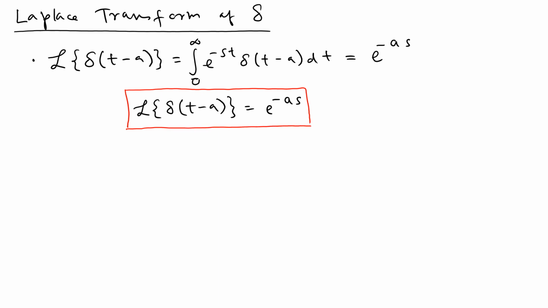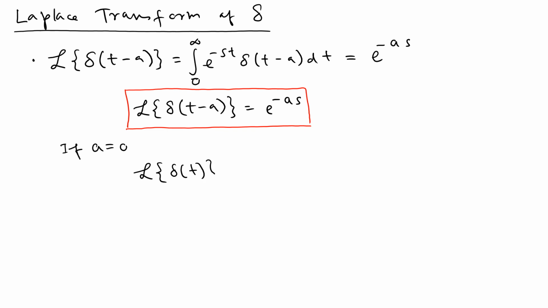Okay, so that's that. So it is the Dirac delta, the Laplace transform of the generalized function delta(t minus a) is e to the minus as. And then what's going to happen? If a equals 0, which means the delta(t) function, then you're going to get the Laplace transform of delta(t).